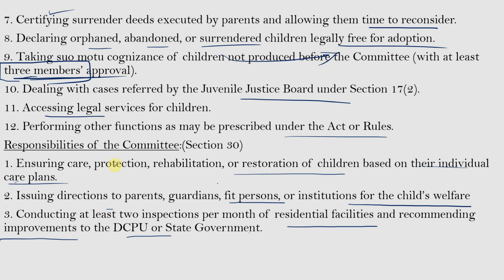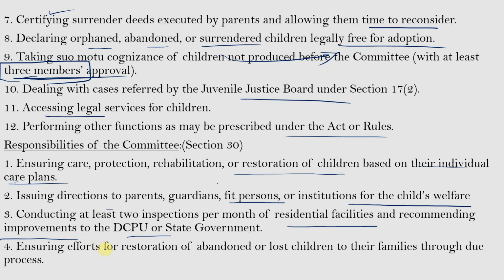So at least 2 inspections per month shall be conducted by the committee, and ensuring efforts for restoration of abandoned or lost children to their families through due process. So those children who are lost or abandoned by their parents, the committee shall find their families according to the procedure. And the next responsibility is taking action for rehabilitation of sexually abused children reported under the POCSO Act 2012.